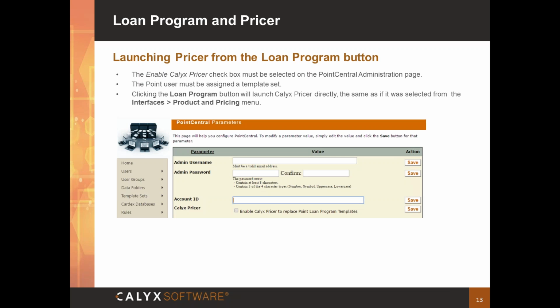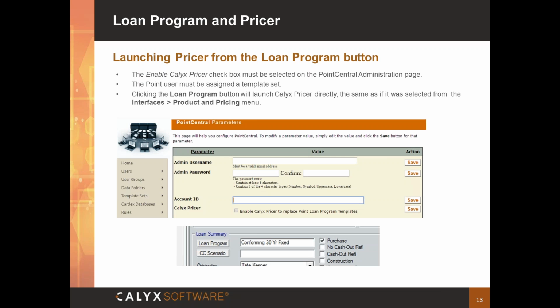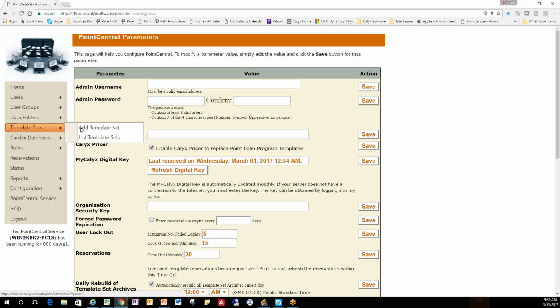This is where you would find it. And that's where the Loan Program button is. So within the PointCentral, you will find it listed right here. You would click Enable Calyx Pricer to replace the Point Loan Program template and click Save.